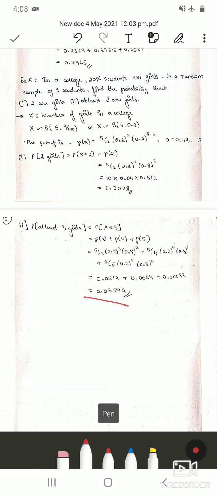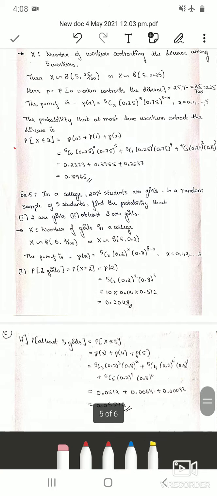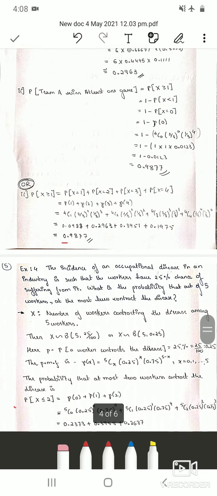You will get the answer as 0.05792. So there is just a 5% chance that among 5 students chosen at random, at least 3 are girls, or it is 0.05792.